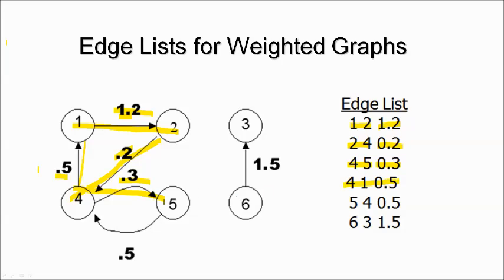Okay, next, from vertex 5, following the direction of the arrow going to vertex 4, I have a weight of 0.5. Okay, next, from vertex 6 going to vertex 3, I have a weight of 1.5. Okay, so that's how you read the edge list for weighted graphs.